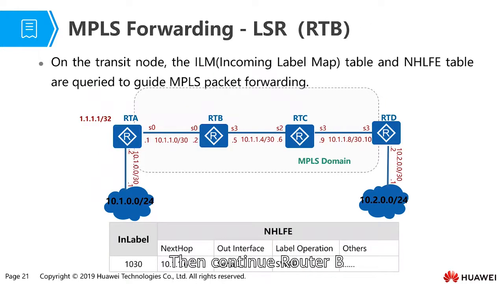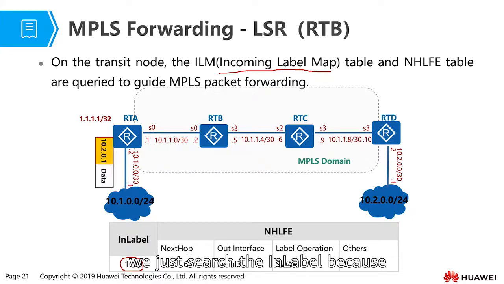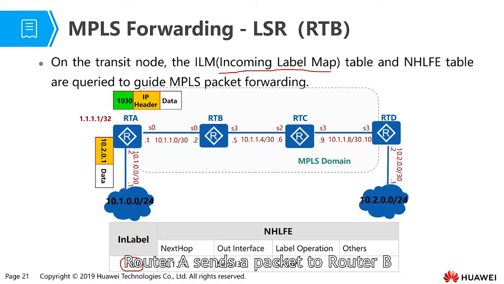Then, router B is the transit node, in the middle. On router B, we will search the ILM, which stands for incoming label map table. In this table, we just search the in label, because router A sent a packet to router B and the in label is 1030.